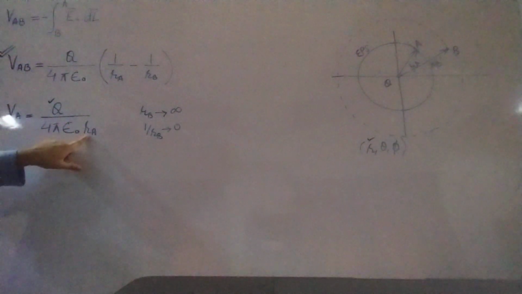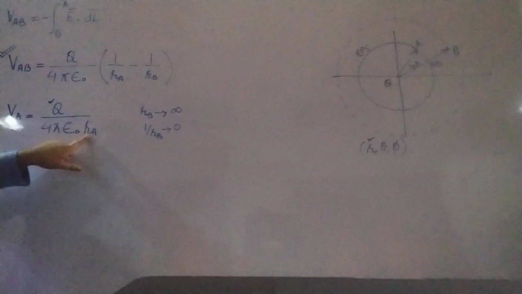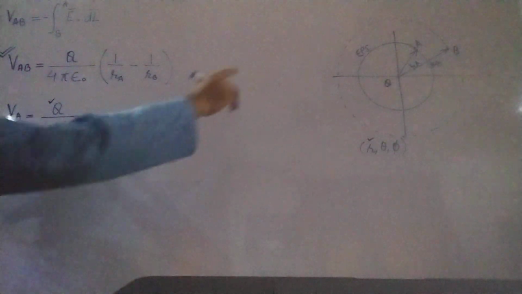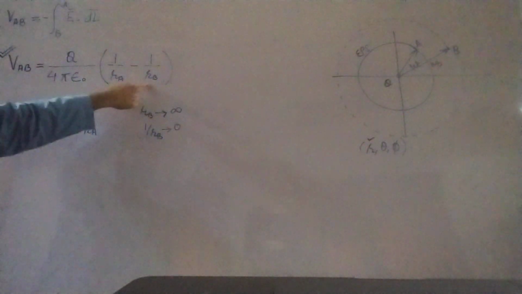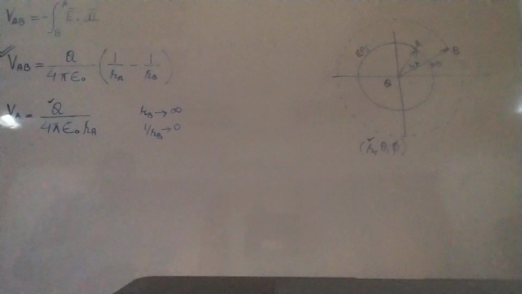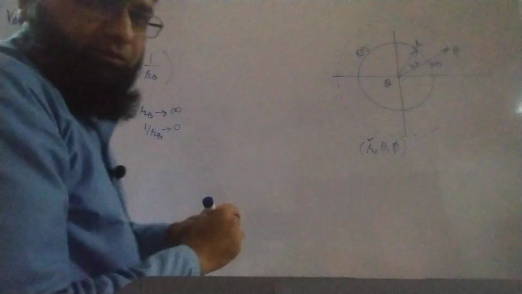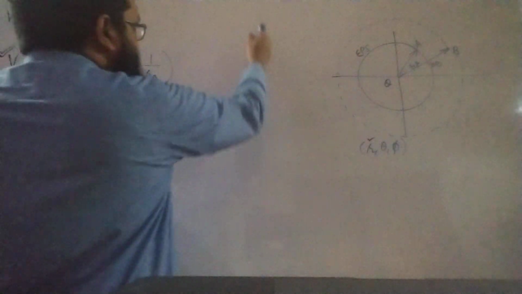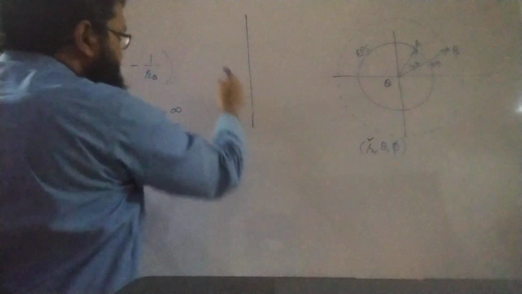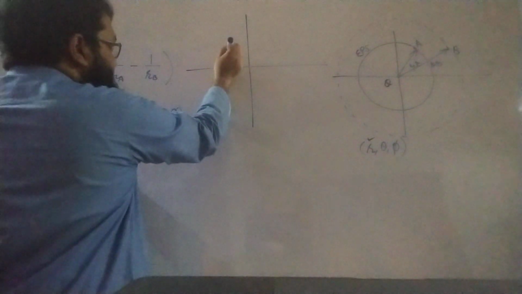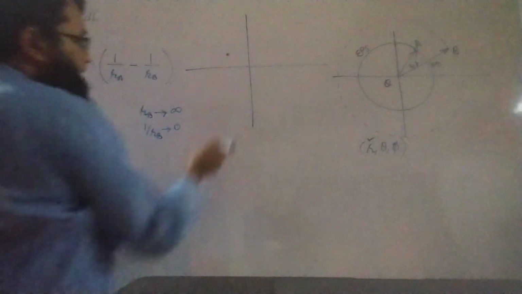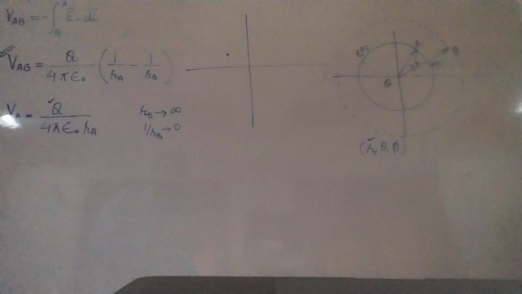This RA is the distance between the source charge and the field point A, and RB is the distance between the source charge and the field point B. But what if the source charge is not located at the center of the spherical coordinate system?